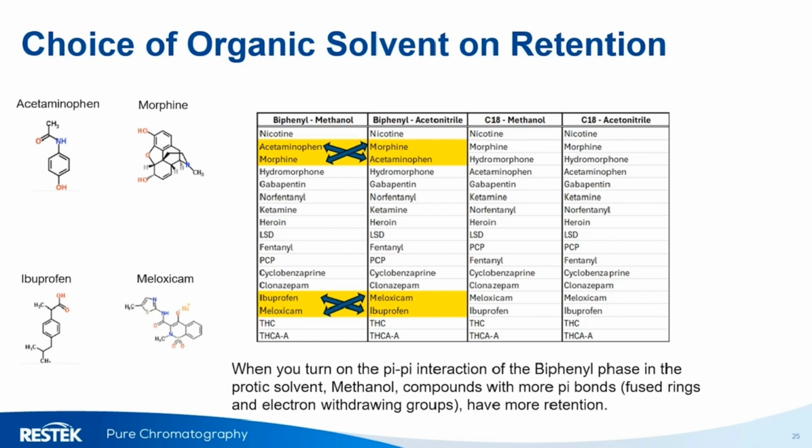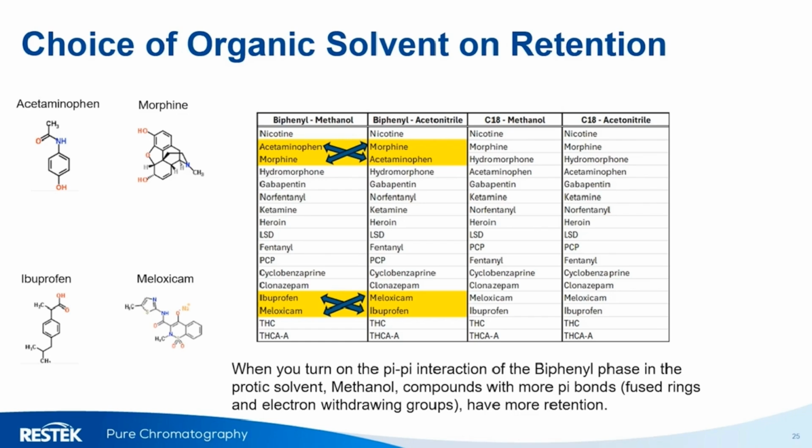So switching to a protic solvent like methanol gets those extraneous pi bonds out of the way and allows the biphenyl stationary phase to interact with the pi bonds in your analytes. And when we look at compounds like acetaminophen and morphine and ibuprofen and meloxicam, structurally we can see why, when we have that pi-pi interaction happening, that morphine will retain longer than acetaminophen.